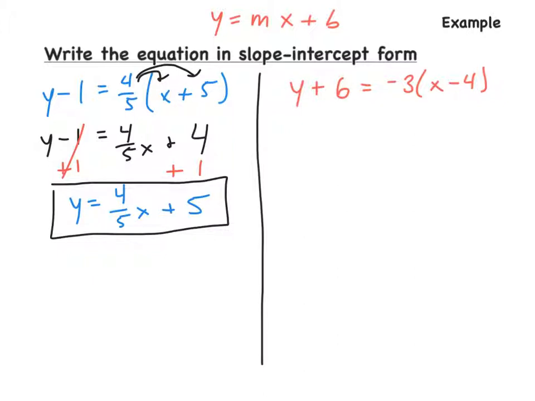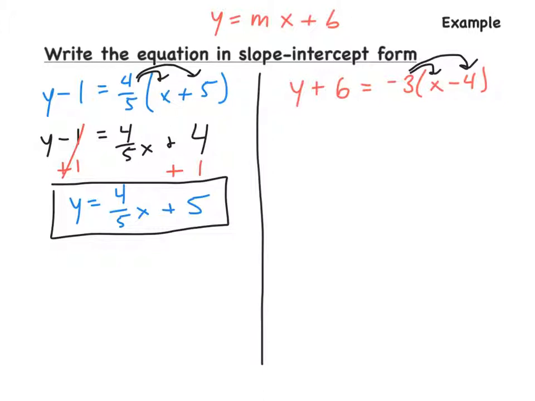So now what I want you to do is to pause the video, try this one by yourself, and then unpause the video when you're ready to see what I've done. Okay, so the very first thing, remember we have to do the distributive property.